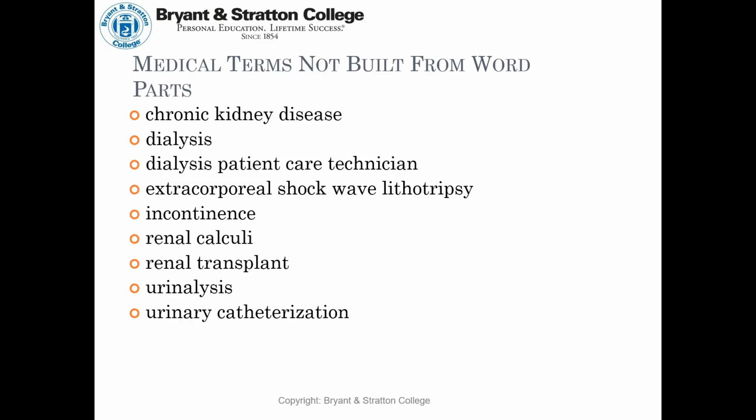So going through here, more terms. We've got chronic kidney disease, just referring to a long-term condition. Dialysis. So dialysis is basically where a person has poor functioning kidneys, and they essentially are attached to a machine, and that machine will do the function of the kidneys itself.